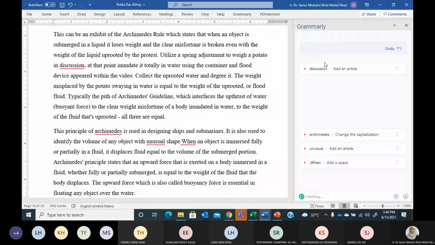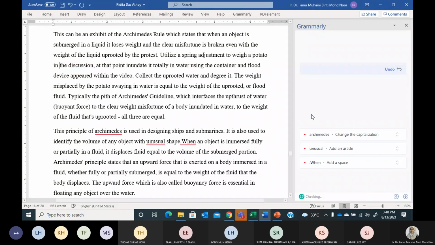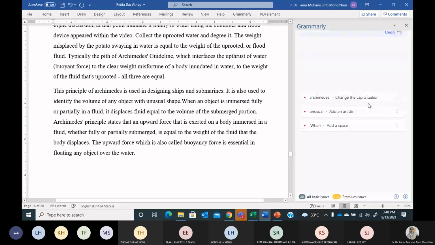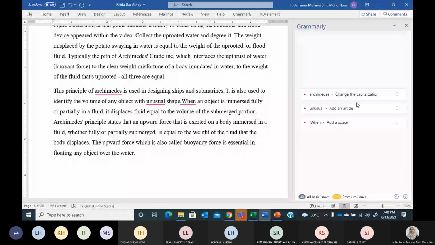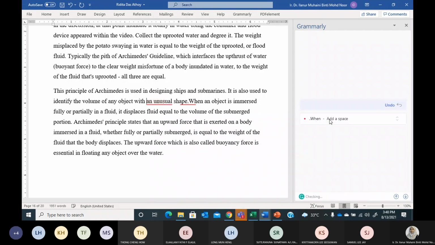Discussion, add an article. So in discussion, in the discussion, just add the. Then when you click this, automatically it's there. So your English will be perfect if you use this. Okay. Then Archimedes, change the capitalization. You click this, automatically changes. Unusual. Add an article. Click there.